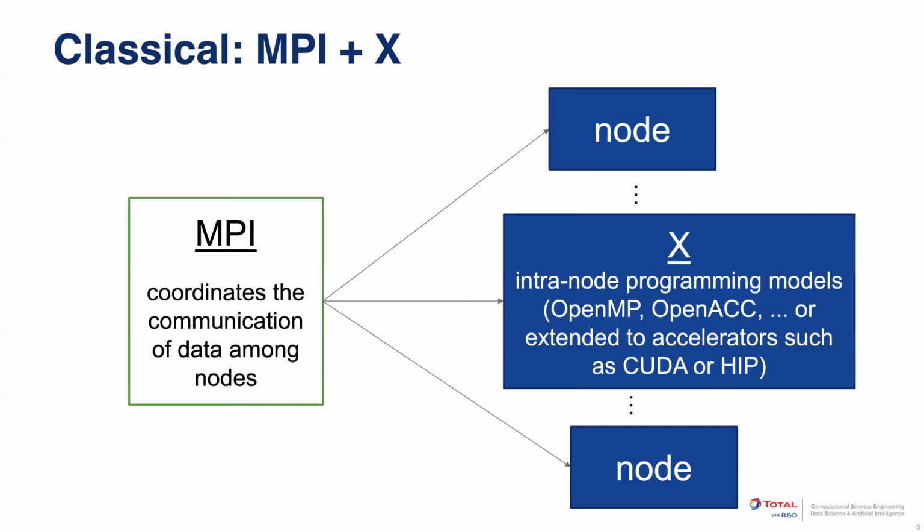However, when the problem size exceeds main memory, hybrid approaches become necessary to distribute workloads among computing nodes. This is widely known as MPI plus X, where a message-based runtime coordinates the communication of data among nodes, and X can be any intra-node programming model or extended to accelerators such as CUDA or HIP, which solves the local problem.